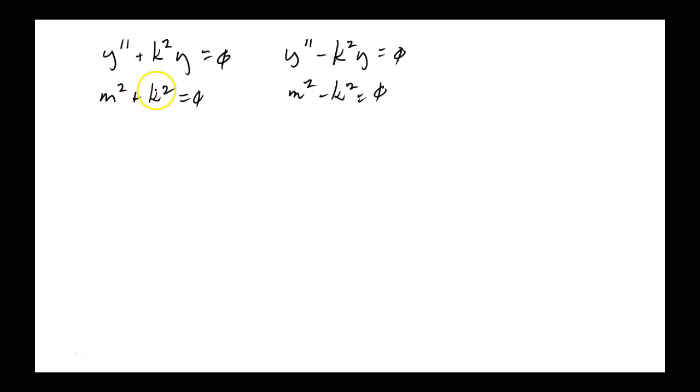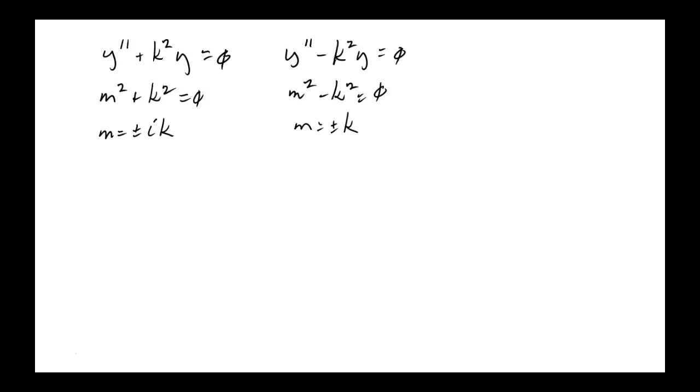The second one would be a real case. Okay, because here, there ain't no real root, but m is equal to plus or minus ik, right? Over here, m is equal to plus or minus k. Okay? Yeah. So, what does that mean?